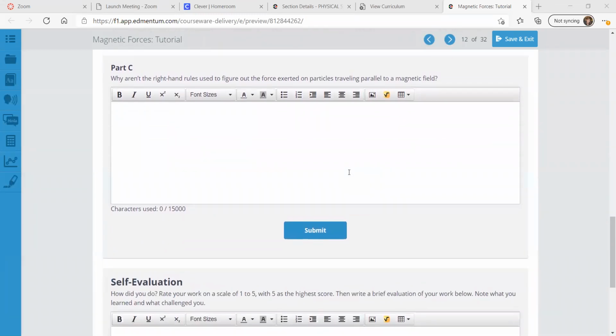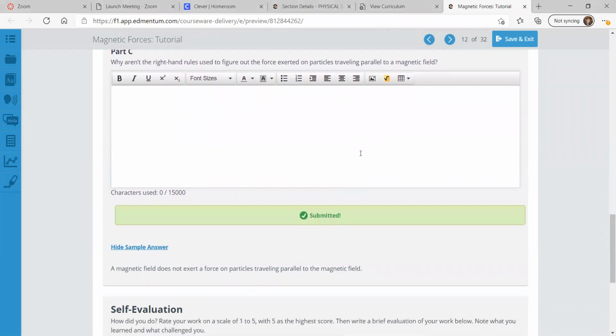All right, so last one, part C. Why aren't the right-hand rules used to figure out the force exerted on particles traveling parallel to a magnetic field? Well, you can use the right-hand rule technically to understand that, but a magnetic field does not exert a force on particles traveling parallel to the magnetic field.